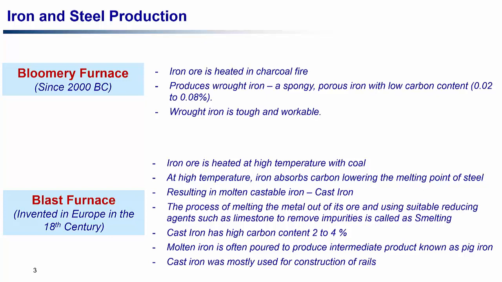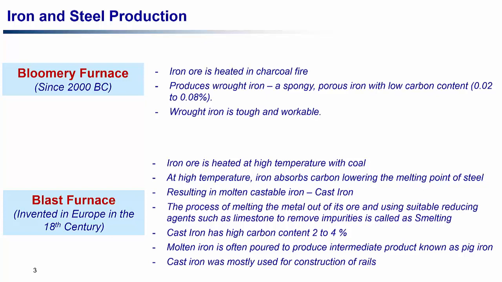At high temperature, iron absorbs carbon rapidly, and the higher carbon content lowers its melting point, resulting in molten and castable iron. During the heating process, reducing substances such as limestone are added to facilitate the removal of impurities from iron ore. The process of melting the metal out of its ore and using suitable reducing substances is known as smelting.